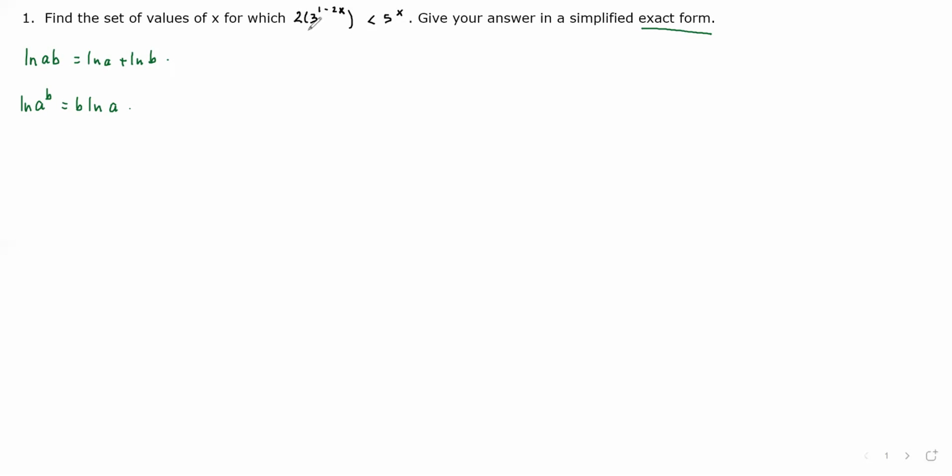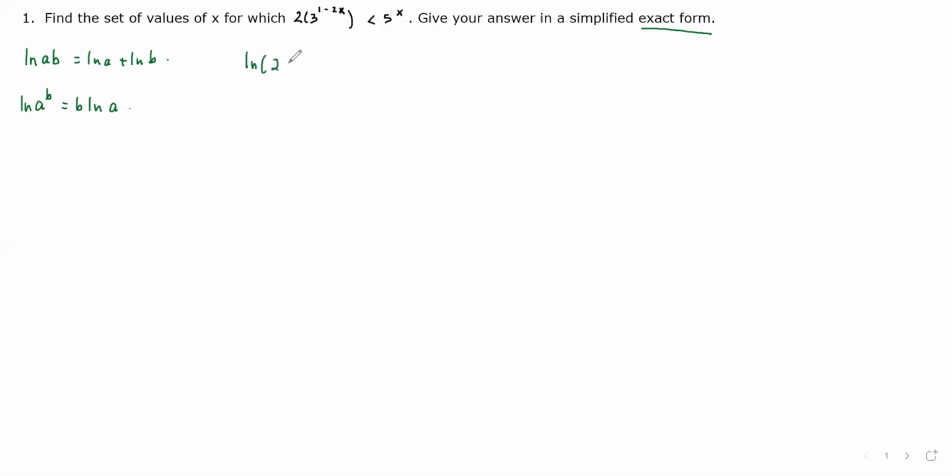From the inequality, x is in the exponent, so we can use the power law to bring the exponents down. We take log on both sides, preserving the order of the inequality.